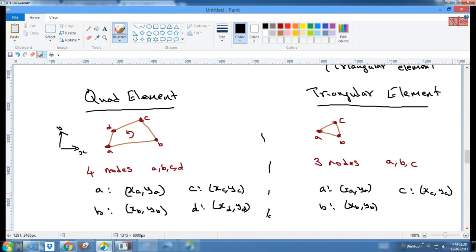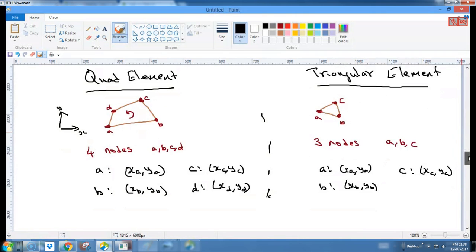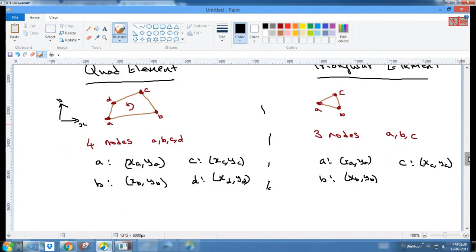For some reason, let's say I'm solving a heat transfer problem, and the degree of freedom I'm looking at here is a temperature field. The same thing can be applied for a structural problem, but for simplicity, I am picking a temperature field. So let us say our degree of freedom, or our unknown, is temperature.